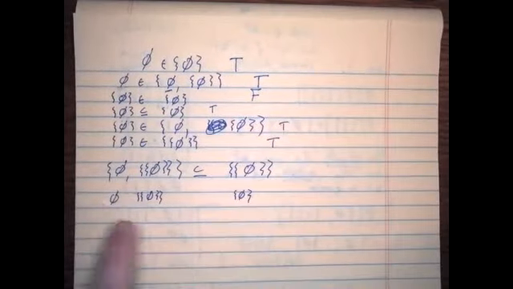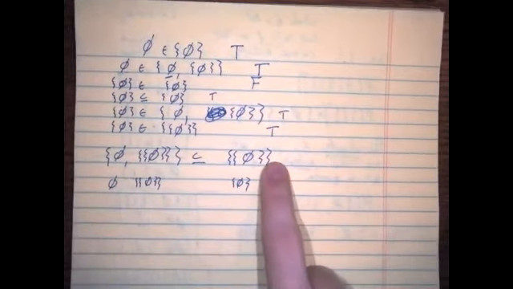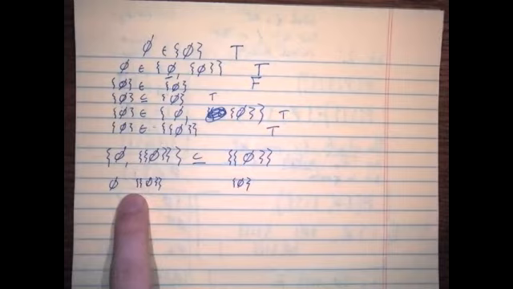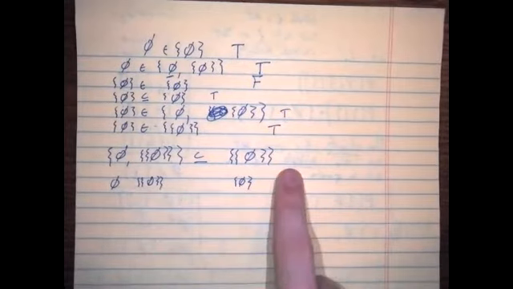In order for this to be a subset of this, all of its elements must be elements over here. But in fact, neither of its elements are elements here. The empty set is not an element, and the set containing the empty set is not an element.